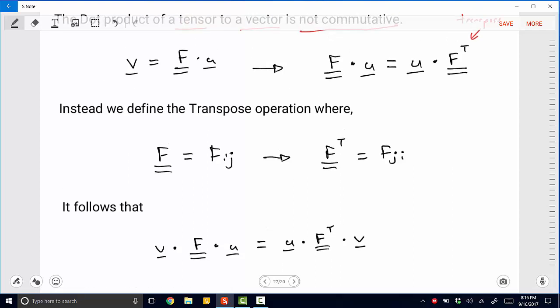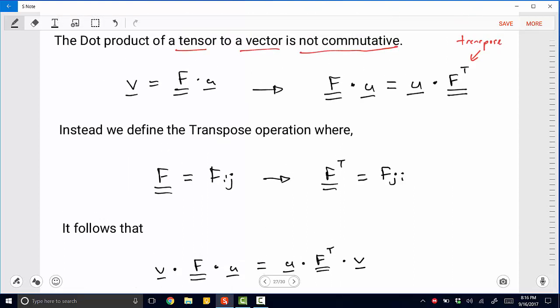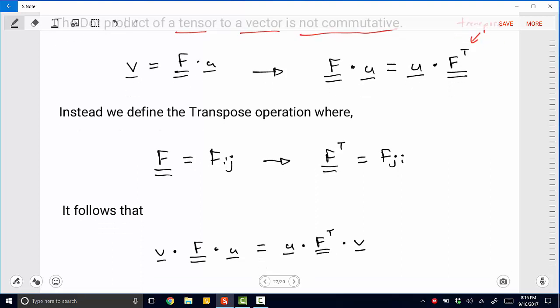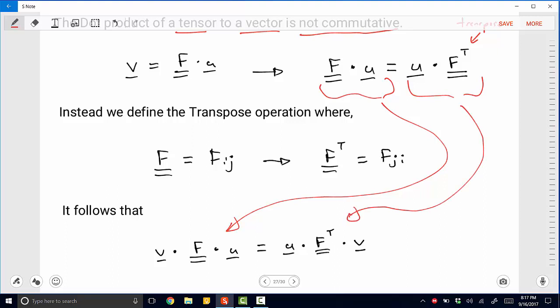It is not commutative. Instead, we introduce the transpose to switch that relationship. And this, again, all we're doing is replacing this with this relationship here, right?